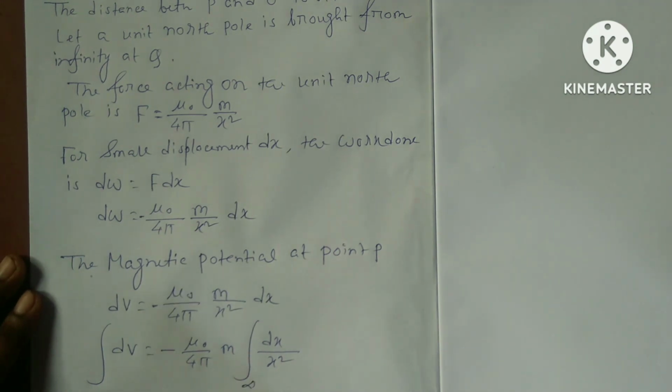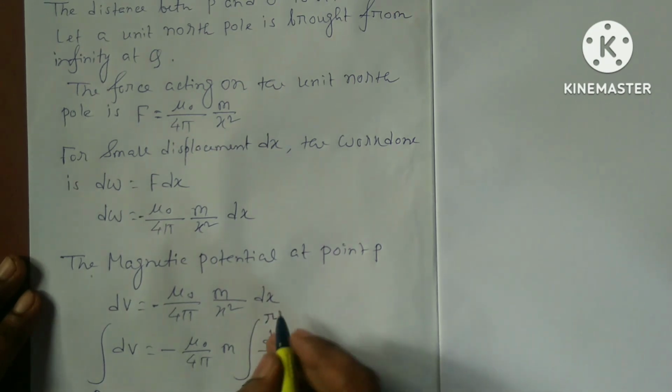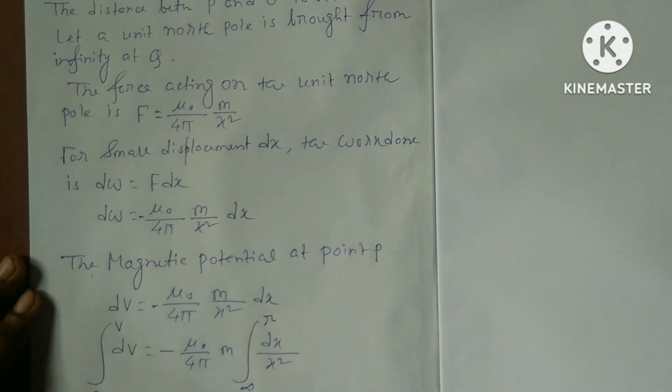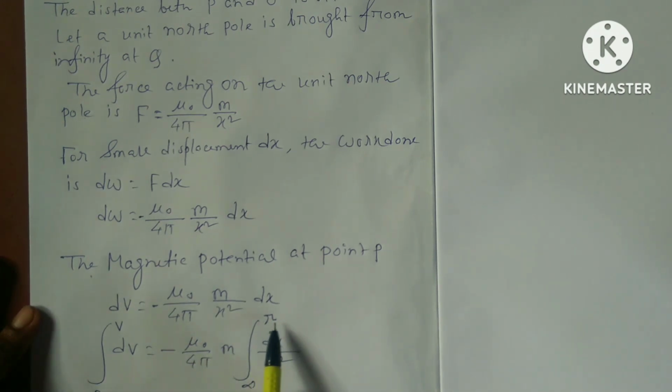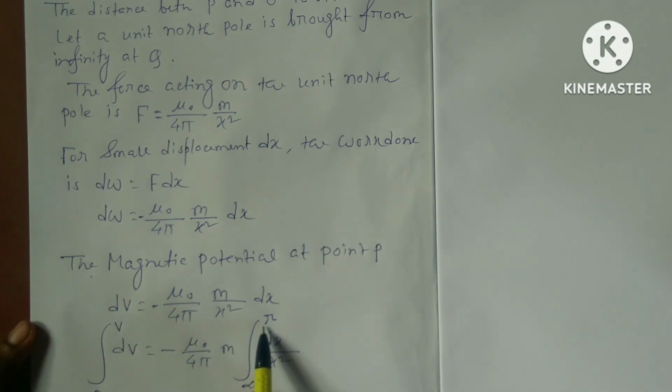Now at infinity we can consider this is 0. Now that is r, so this is V. When the charge is at infinity, then the potential is 0.